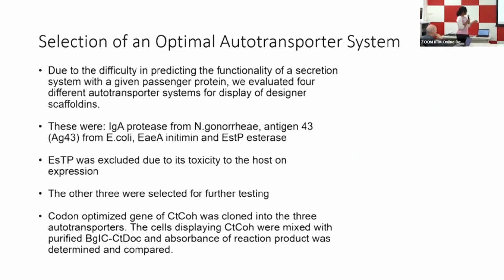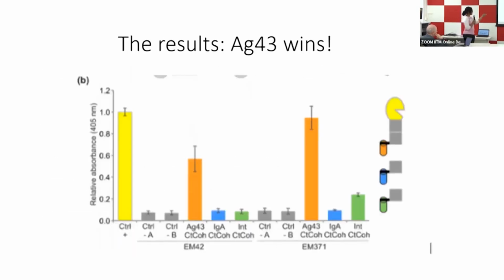So in our test, we cloned the codon optimized gene of the CT cohesion. We cloned the 3 autotransporters, and then this was mixed with the BGIC CT doctrine. So this is what our result was. We saw that AG43 showed the maximum absorbance compared to both EM42 and EM371.